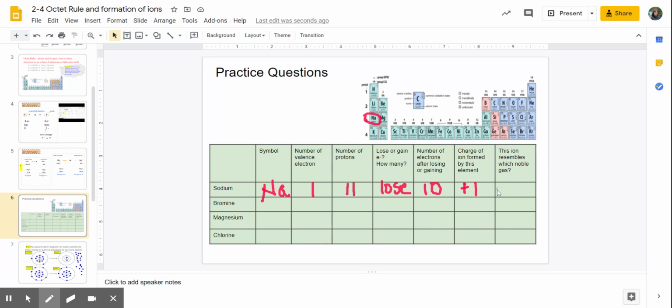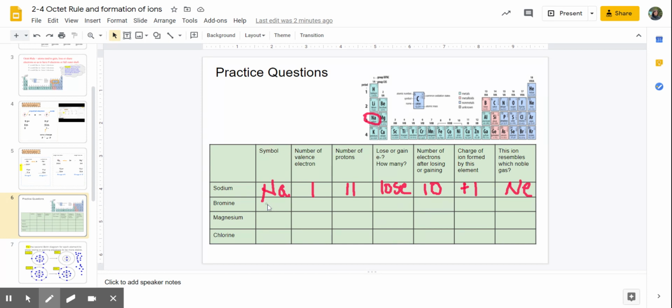We can write it down as Na+1. Which noble gas does the ion resemble? Let's find out which element has 10 electrons. It seems to be neon, with atomic number 10, which has 10 electrons. So we can write down neon.